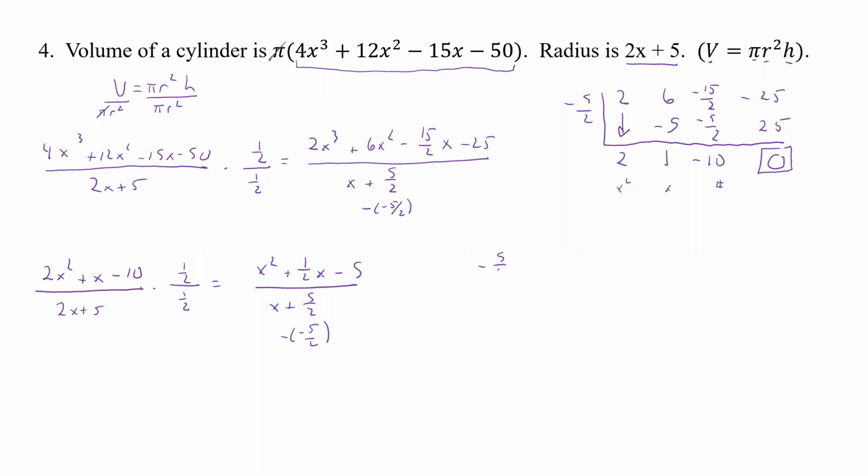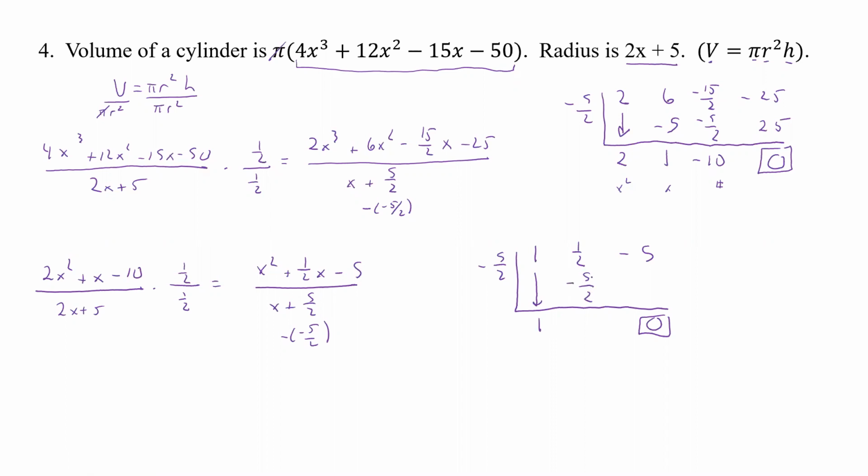So minus 5 halves into this is going to give us 1, 1/2, minus 5. And again, when we get done, this had better be 0. So that's a minus 5 halves. Oh, whoops, I'm already writing the wrong number down, so we'll never get to 0 there. That's a 1. Now that times that is going to be a minus 5 halves here.